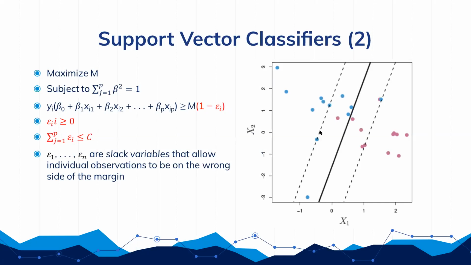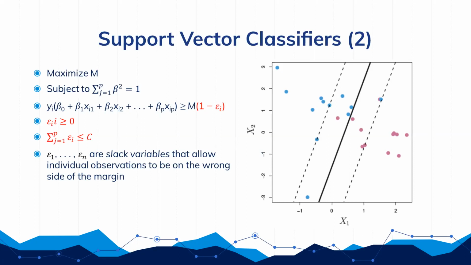So let's look at a picture to make more clear what I mean. The big difference between the other mathematical formulation and this one is that now we are introducing what are called slack variables, and these slack variables are what allow your classifier to make mistakes. I'll talk later in the next slide about this parameter C. This parameter C is the sum of all your slack variables, and it determines how forgiving you are of misclassifications.